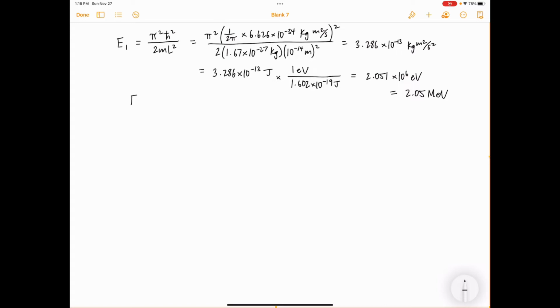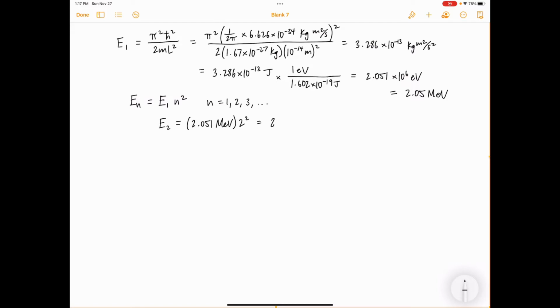Now, remember that the energy of any other state, we'll call it E sub n, is just E1 times n squared, where n has integer values 1, 2, 3, and so on. We want the energy of the second level, that's E2. So what we get is E1, 2.051 MeV, multiplied by 2 squared, because that's n squared.